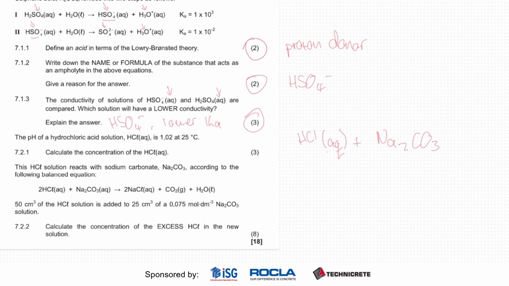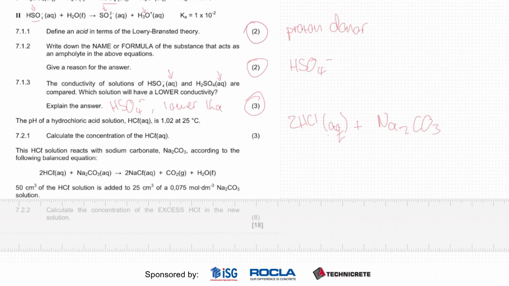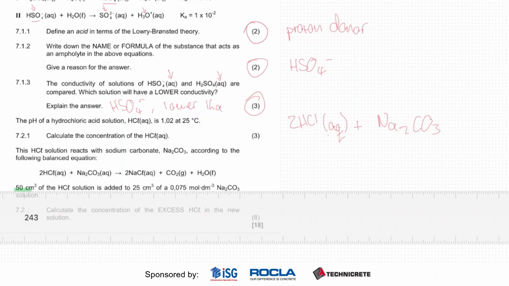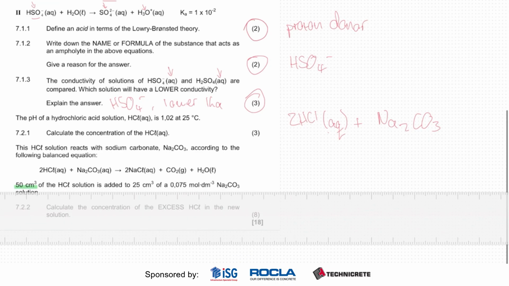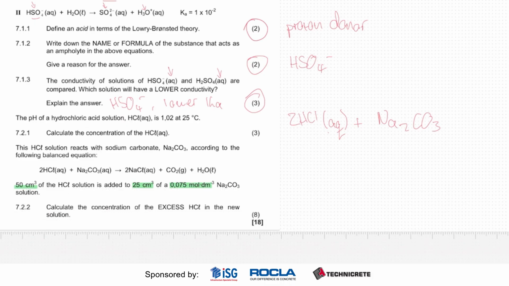They actually give it to us, so there's a 2 here. So 50 cm3 is added to 25 of that. So we need to calculate the concentration.